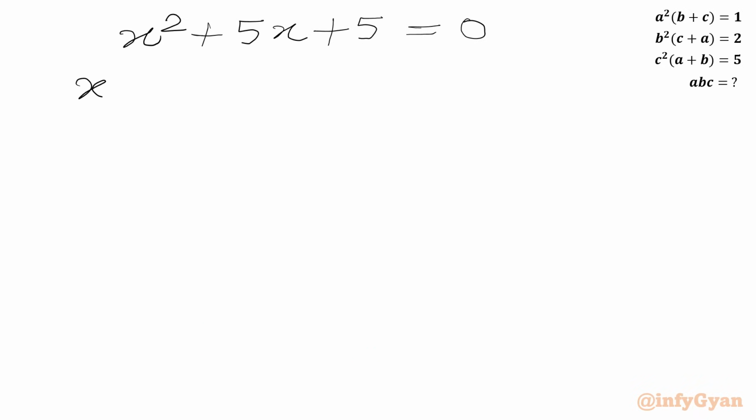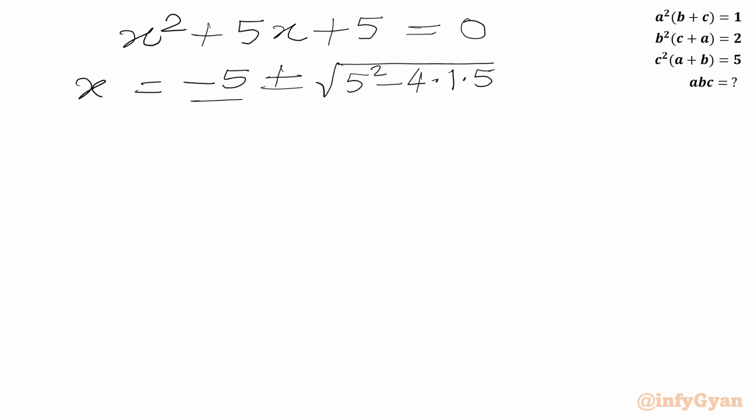Let me write the equation once, x square plus 5x plus 5 equal to 0. x will be equal to minus b, so minus 5 plus minus square root of b square, so 5 square minus 4 times ac, a is 1, c is 5, over 2 times a, 2 times 1.